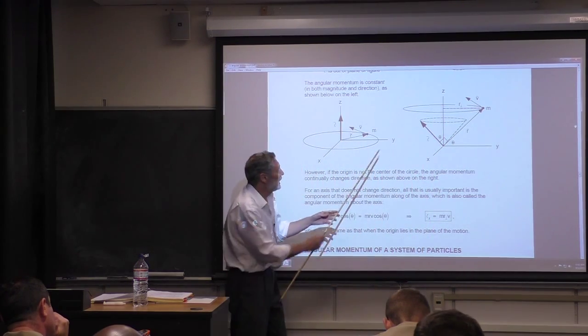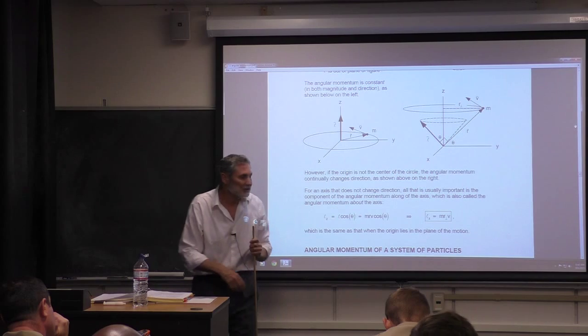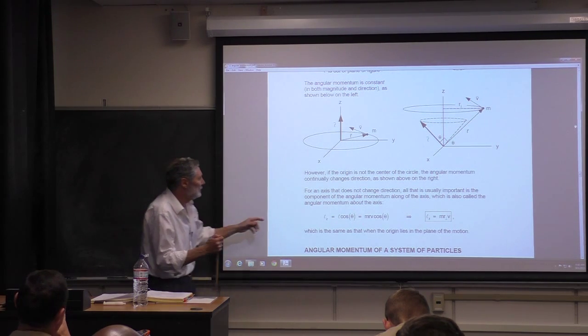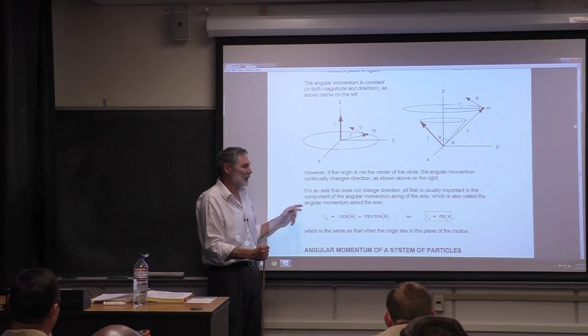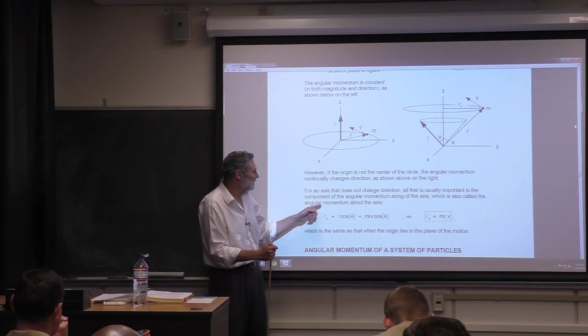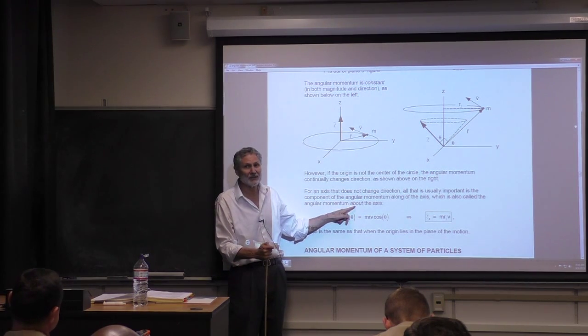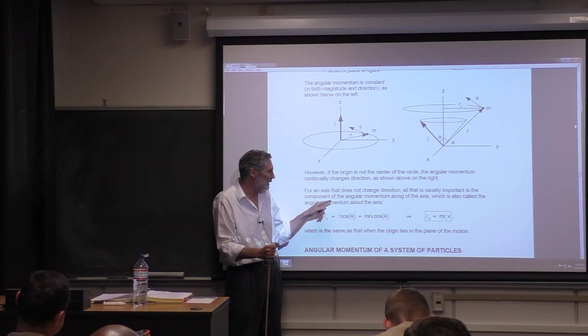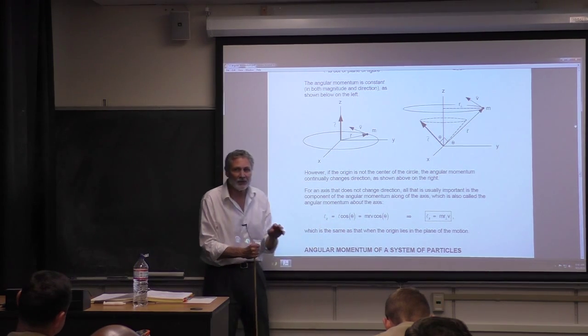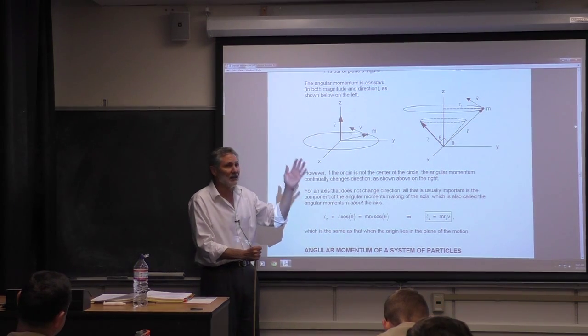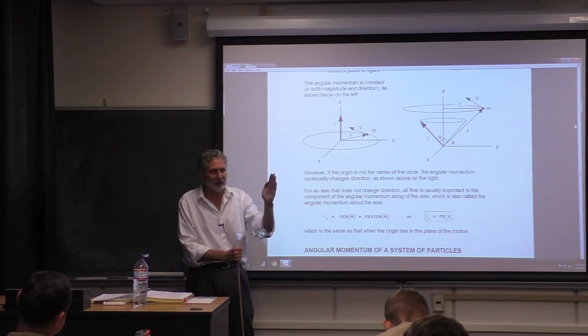So we would project this vector onto the axis. In fact, it's so important that people don't say the angular momentum projected onto the axis. They say the angular momentum about the axis. But make no mistake about it. When people talk about the angular momentum about an axis, what they're technically saying is take the angular momentum vector and project it onto the axis.